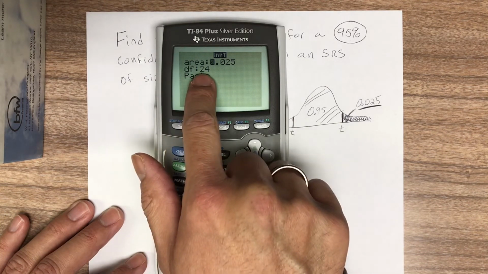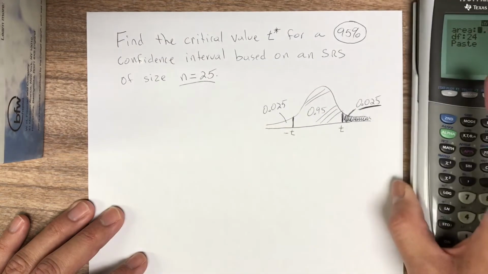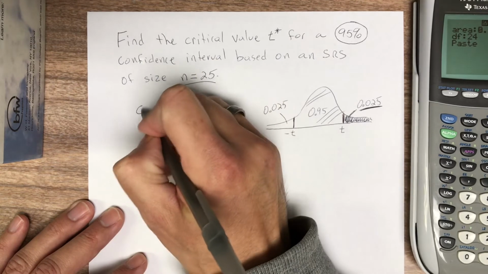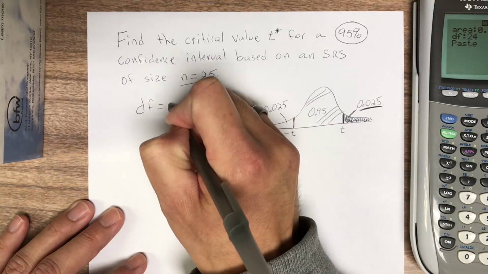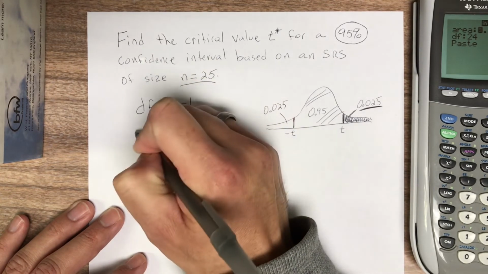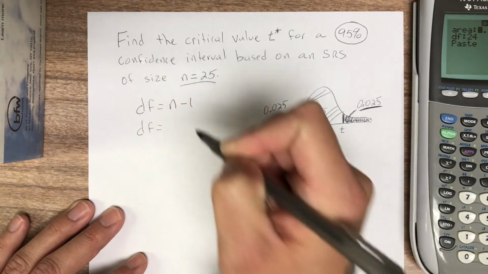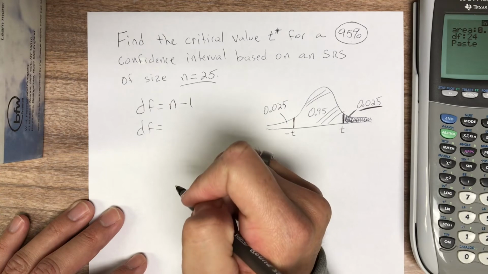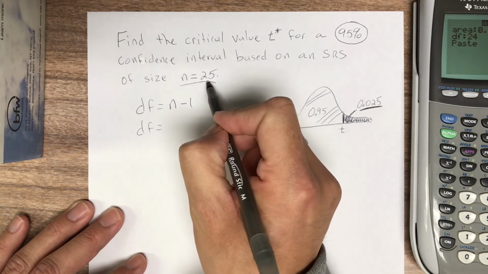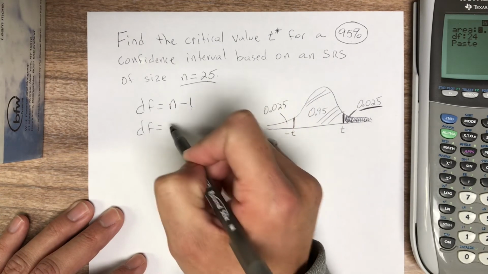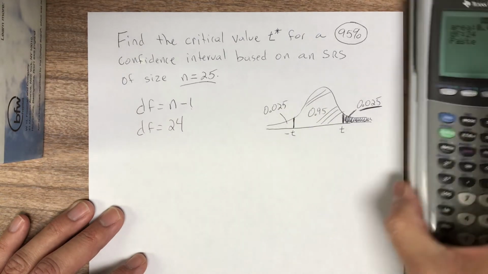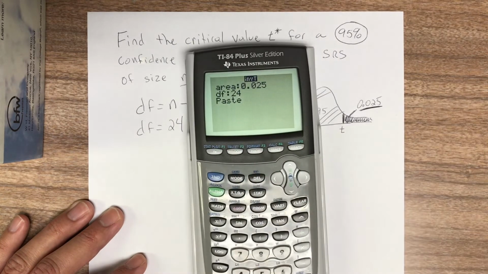The sample size is 25, but my degrees of freedom will be your sample size minus 1. When we use the T distribution, we have to subtract 1 from the sample size, and 25 minus 1 is 24 degrees of freedom. So that's what we use in the calculator, 24.